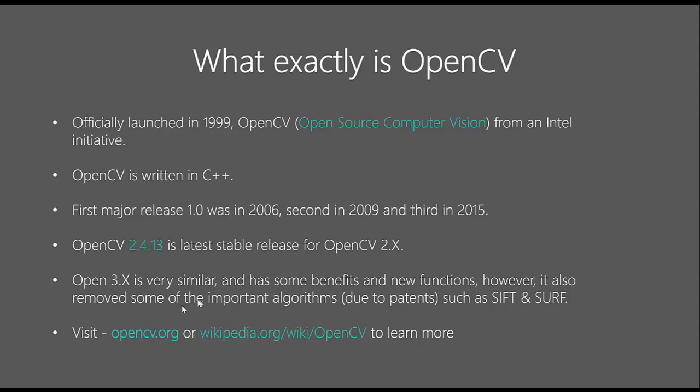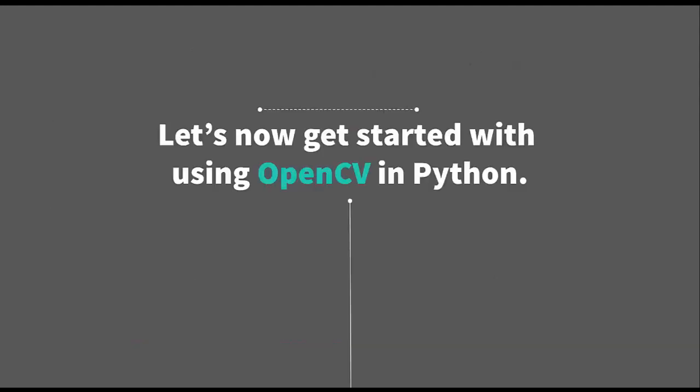If you want to learn more about OpenCV, you can go to opencv.org or check the Wikipedia page. I should also say that OpenCV 3.x has a lot of the modern research and bug fixes built into it as well. However, if you don't think you're going to use those, maybe just stick with 2.4.13. So I think you're about ready to get started with programming with OpenCV and Python. So let's begin.